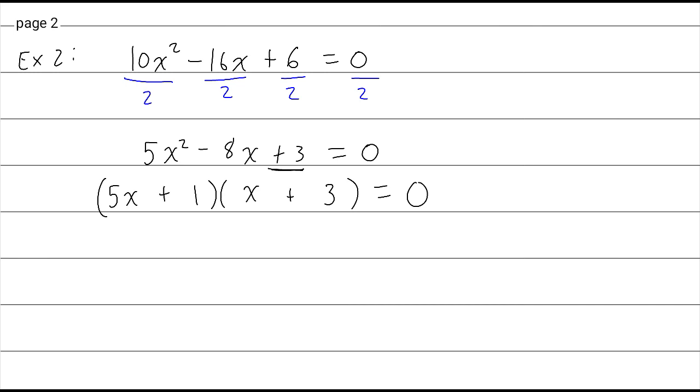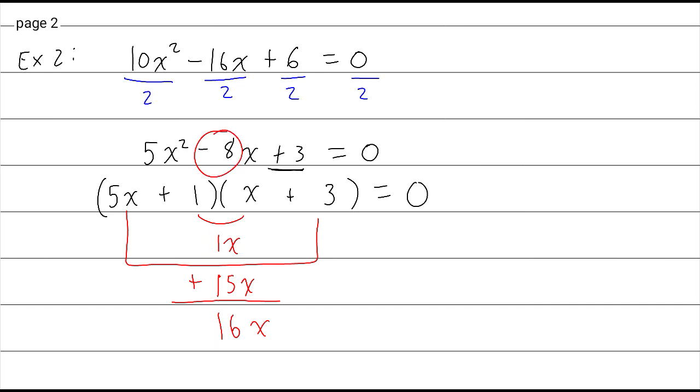If that's the case, if I distribute 1x and 15x, if I add those together, that gives me 16x, which is no good. I need to equal that middle term.